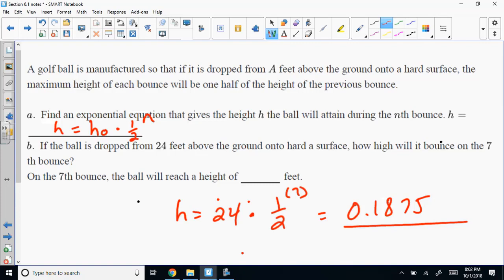You'll put the decimal. It should have some kind of variable for you to put as initial height. Okay? Just be aware of that. If it doesn't, then let me know and I'll kill the problem.